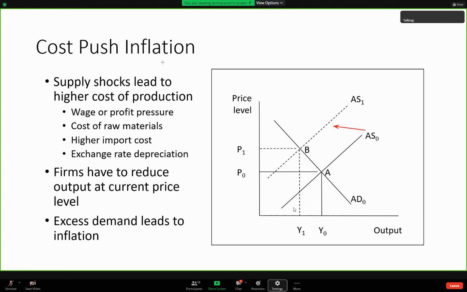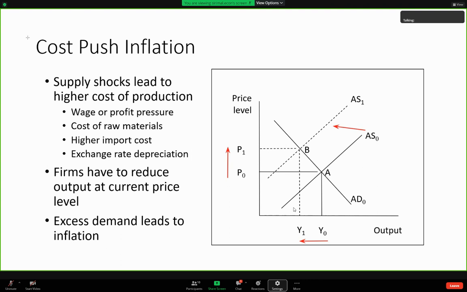So in this case, not only does output decline, but also prices increase. Prices increase, that is inflation, cost push inflation, with a reduction in output. Why do firms have to reduce the output? Because their cost of production has gone up.